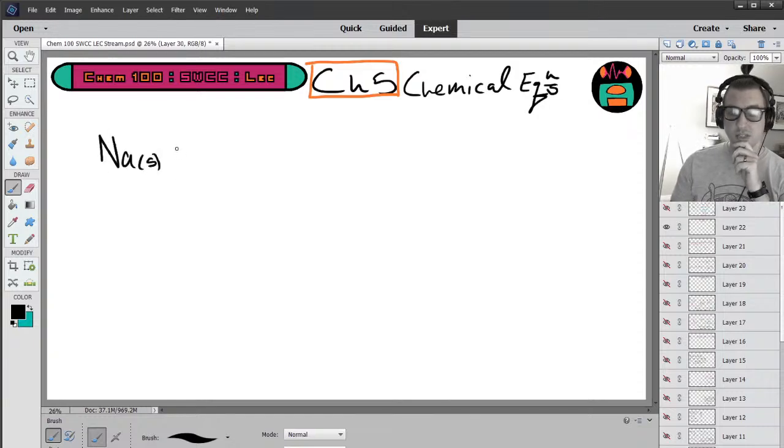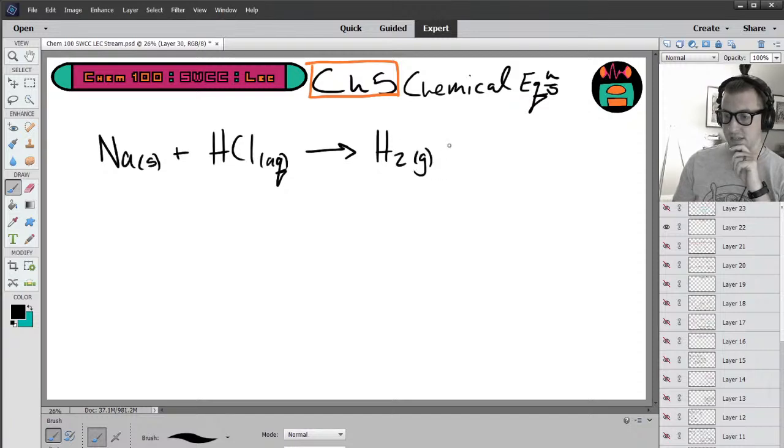One in which solid sodium reacts with aqueous hydrochloric acid to produce hydrogen gas and aqueous sodium chloride.